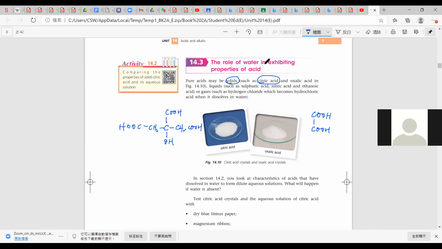It's soluble in water. Can you elaborate more on the chemical property? Chemical property of solid citric acid.